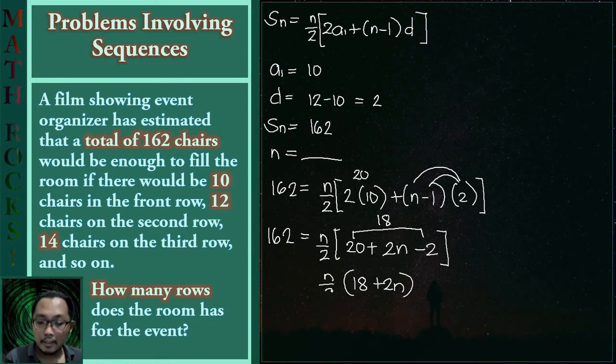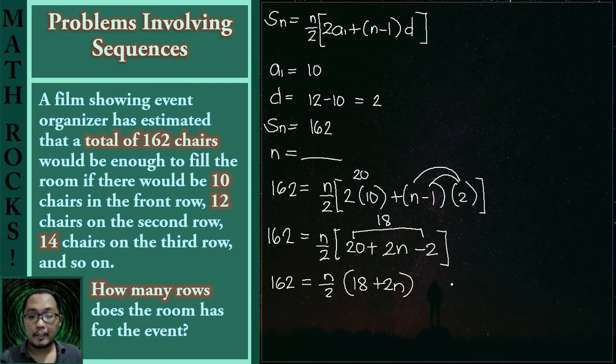So let us simply write all the remaining quantities here. And now solving for the value of n. So we may apply the multiplication property of equality so that we can eliminate such denominator here.